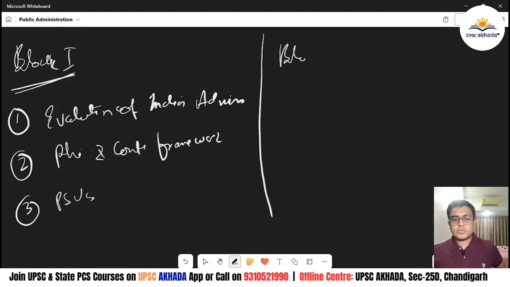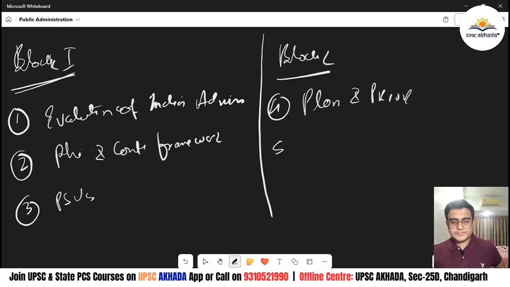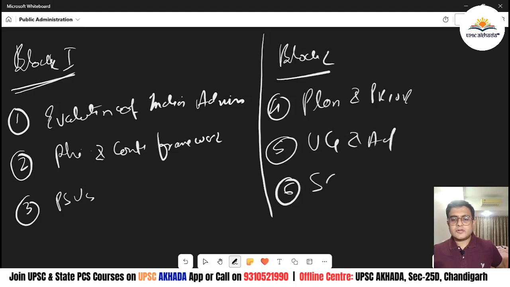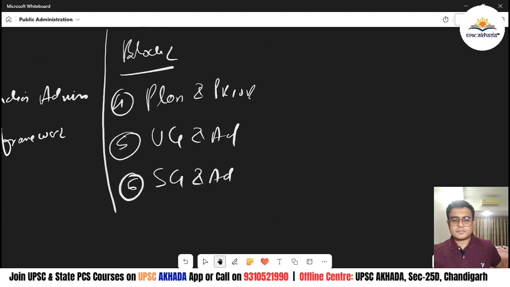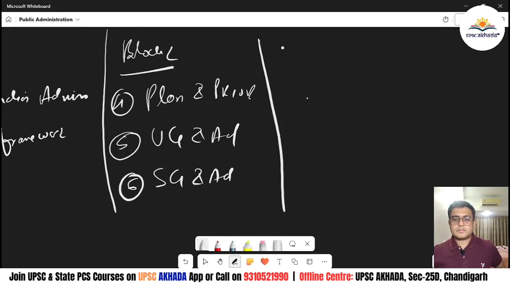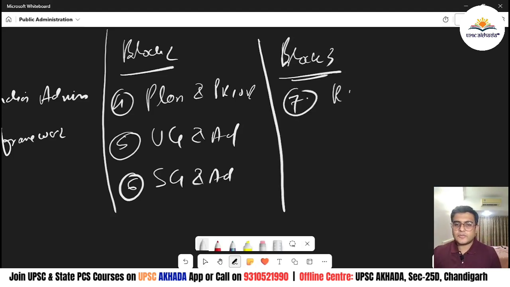Block 2: plans and priorities, union government and administration, state government and administration. Block 3 has 2 chapters, rural development and urban local bodies.